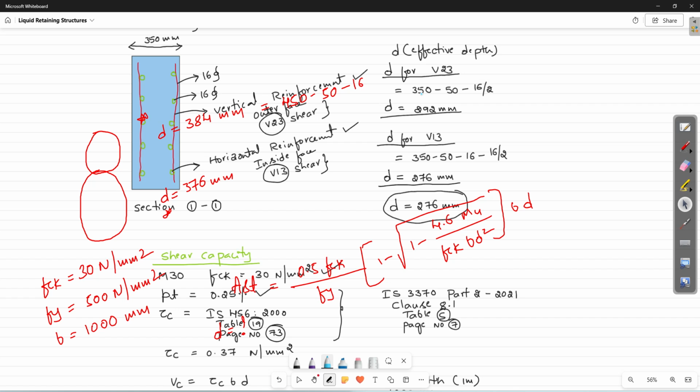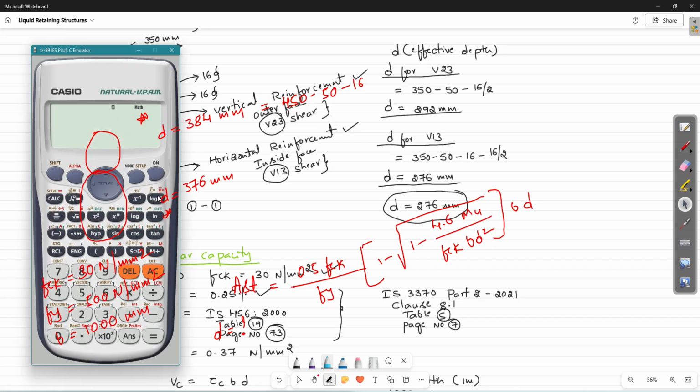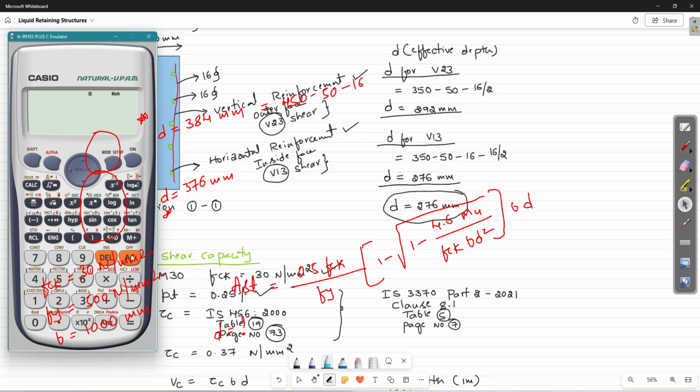Oh, initially our wall thickness was 350. Now your wall thickness is 450 mm. So 450 minus 50 minus 16 by 2, so it is 392.